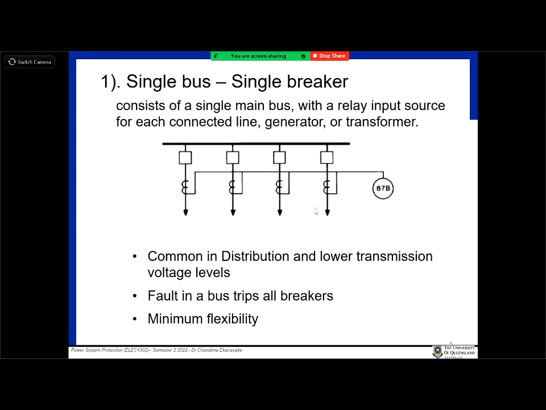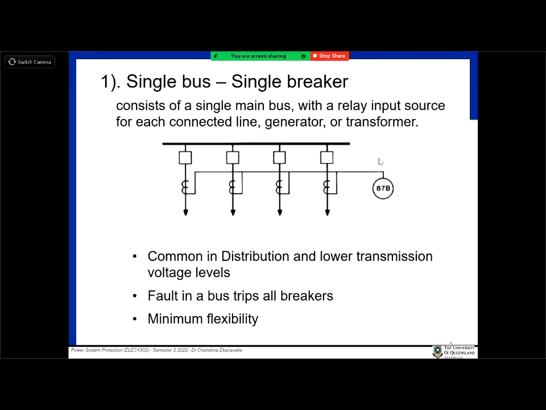There can't be only outgoing, right? Someone should bring the power to the bus, so this will be done in both. Which means that all lines, or all feeders connected to that bus, are disconnected.